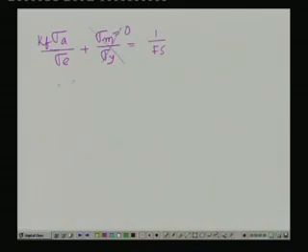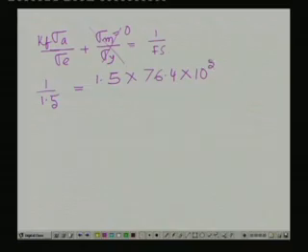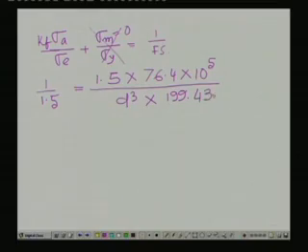So, if we put all the situations in order, then 1.5, this is the factor of safety, is 1.54 multiplied by 76.4 into 10 to the power 5 divided by d cube into 199.43.